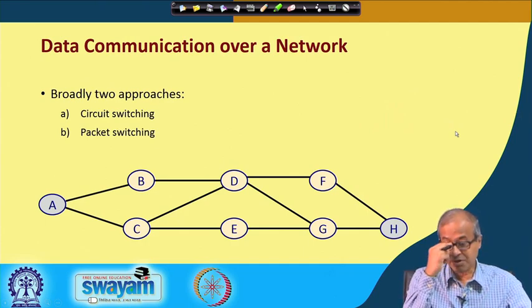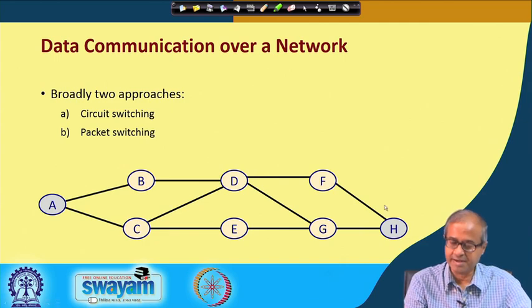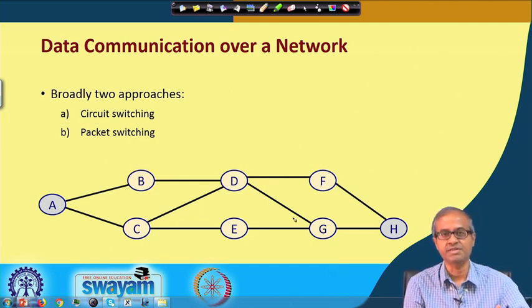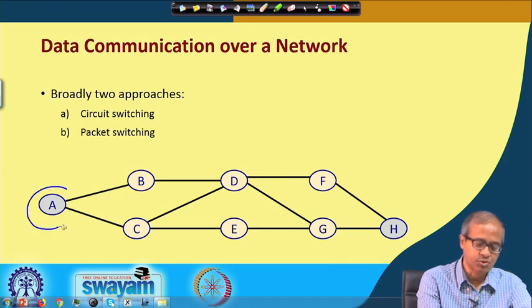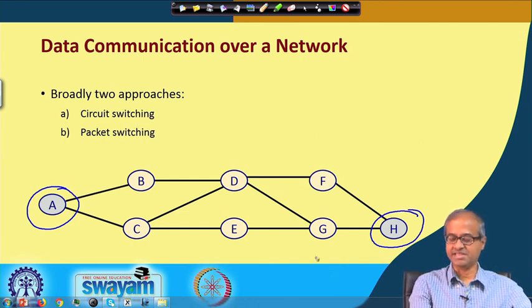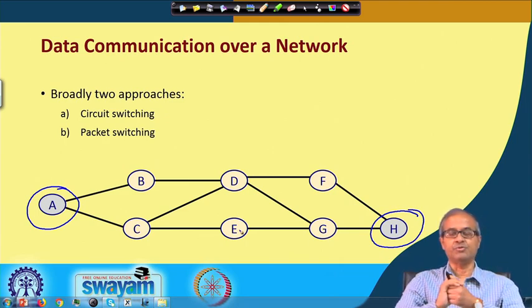Now, talking about data communication over a network, let us look at a rough picture like this. Let us say these A, B, C, D are the different nodes in a computer network, and let us suppose this node A wants to send some message or some data to this node H, and these B, C, D, etc. are so called intermediate nodes.